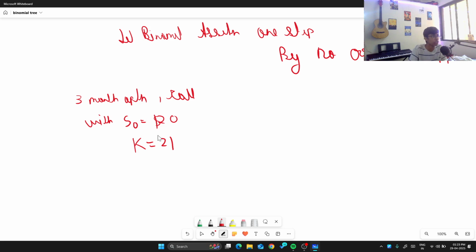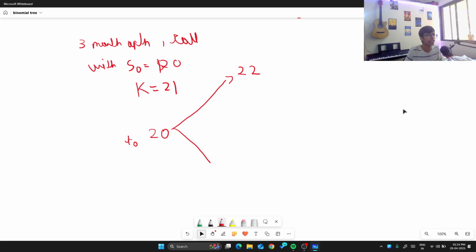After 3 months, this is T0 and we are at 20. It can go up to 22, and it can go down to 18.